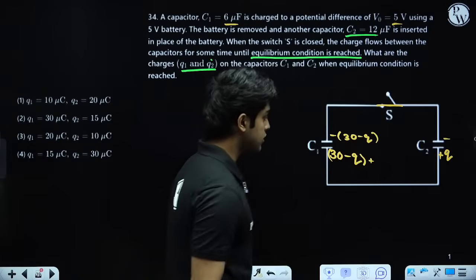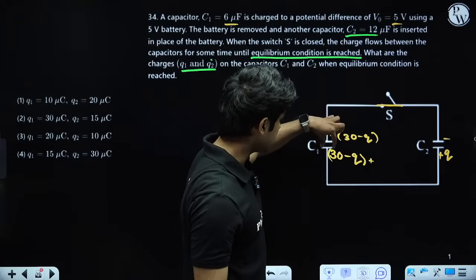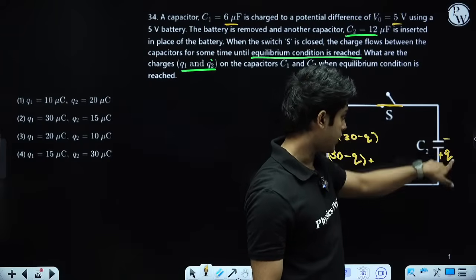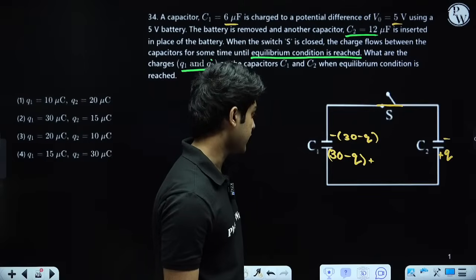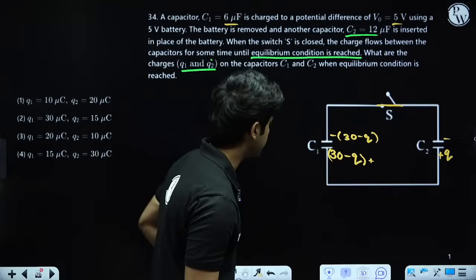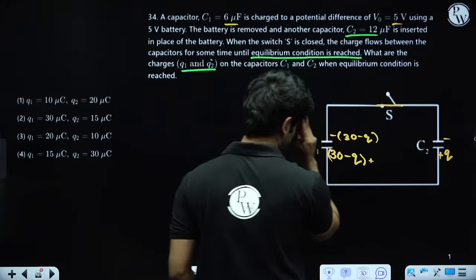Initially we had 30 microcoulomb, positive Q went away and attached to the second capacitor's positive plate, and because plus Q went, here we have a deficiency, which is minus Q. This is the new charge of C2.